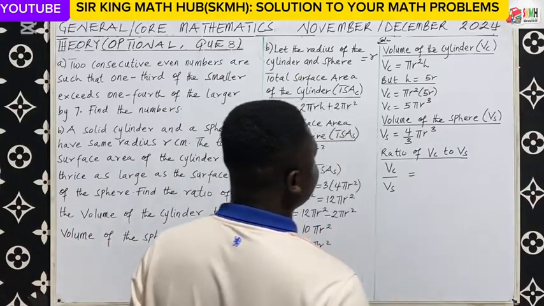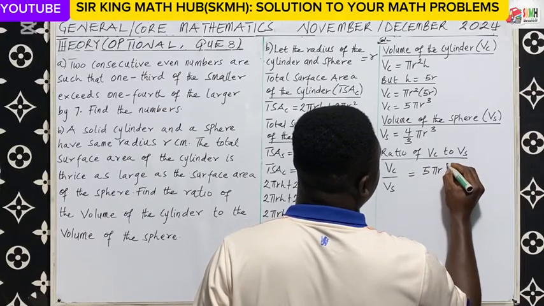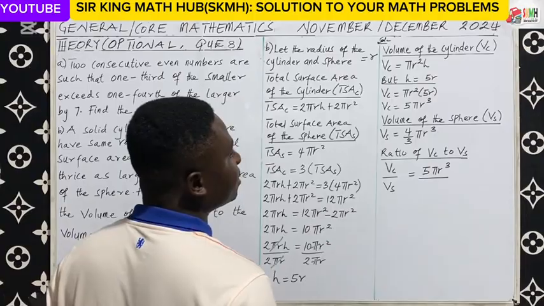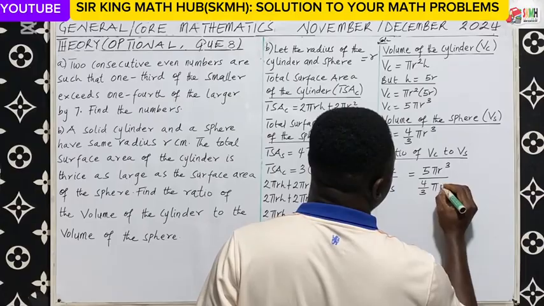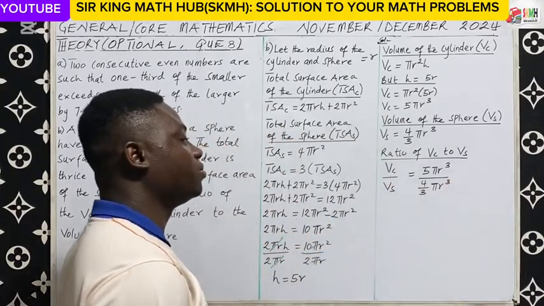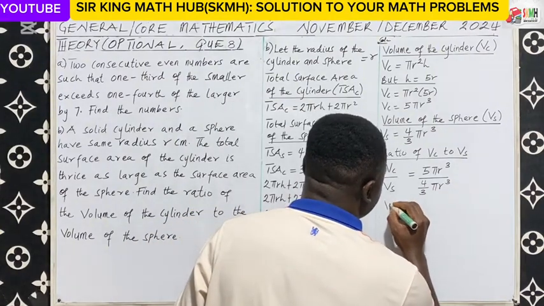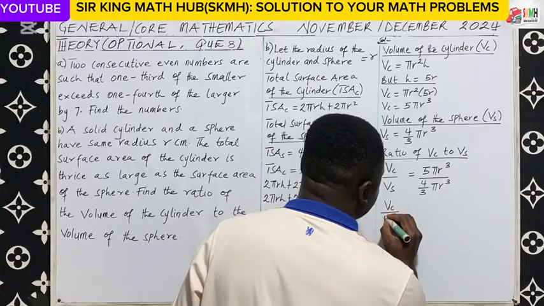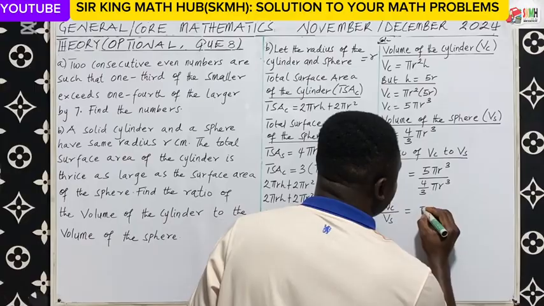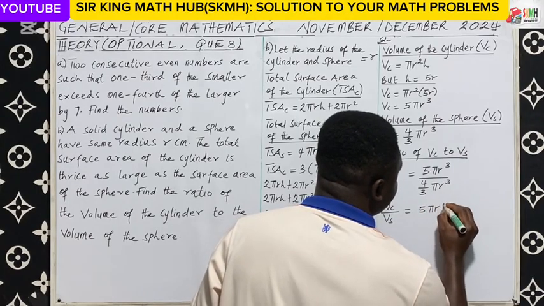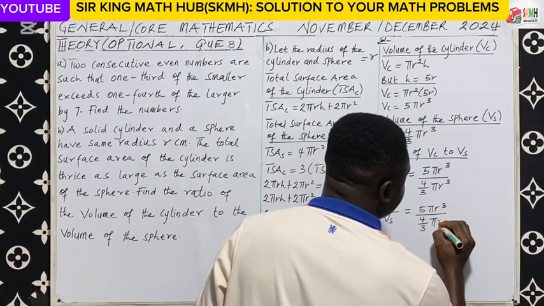So for the volume of the cylinder, we had 5 pi r cubed, and the volume of the sphere, we had 4 over 3 pi r cubed. So can we simplify the ratio of the volume of the cylinder to the volume of the sphere? 5 pi r cubed divided by 4 over 3 pi r cubed.